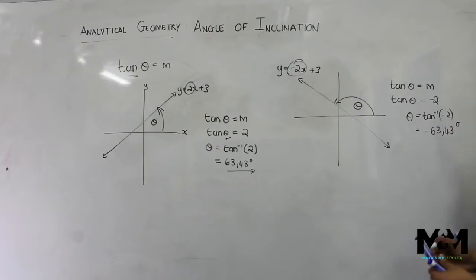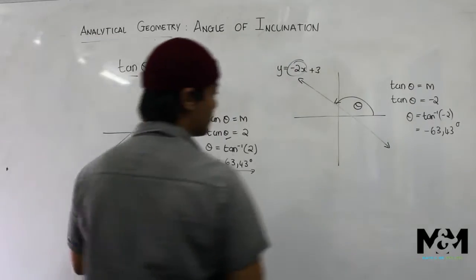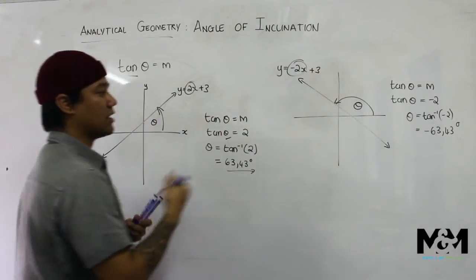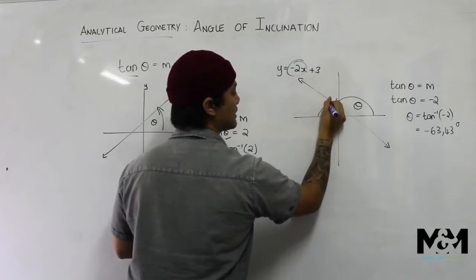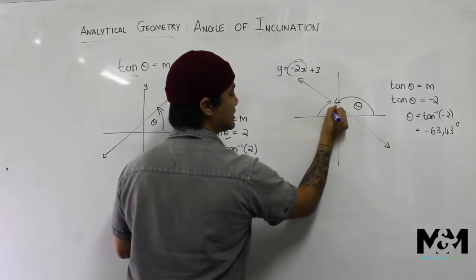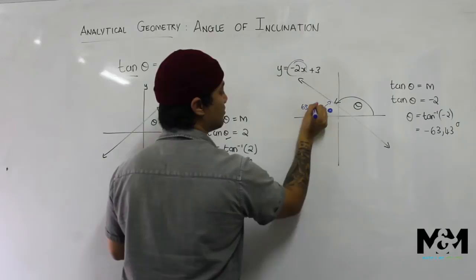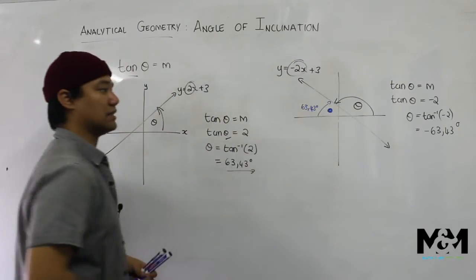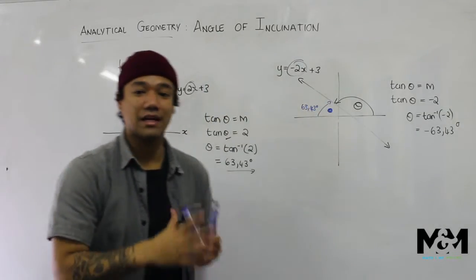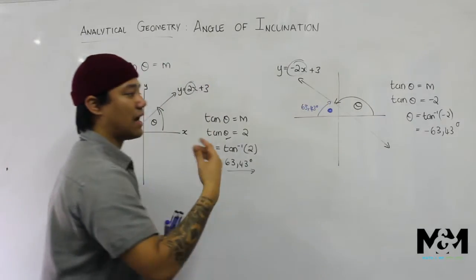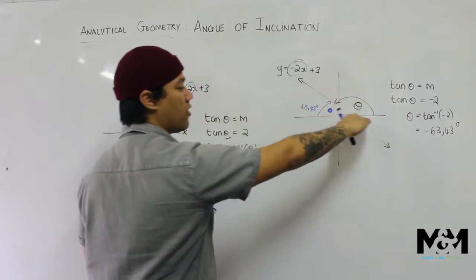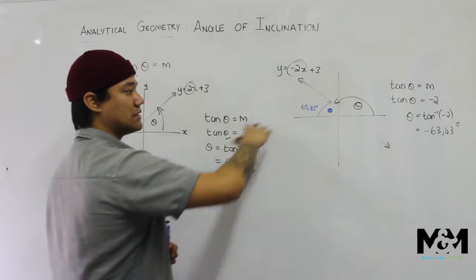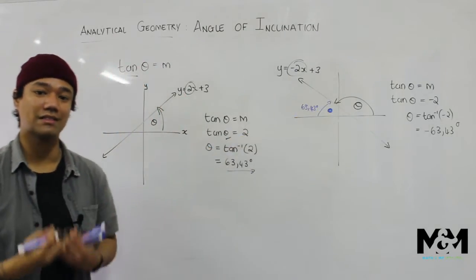Type that in my calculator, I will get negative 63,43 degrees. What that actually found, that negative 63,43, was from this side, the negative x-axis, to my line. So this is actually that 63,43 degrees. Remember, angle of inclination is always from the positive x-axis to the line. Because it lies on the x-axis, we see that those two angles lie on a straight line.